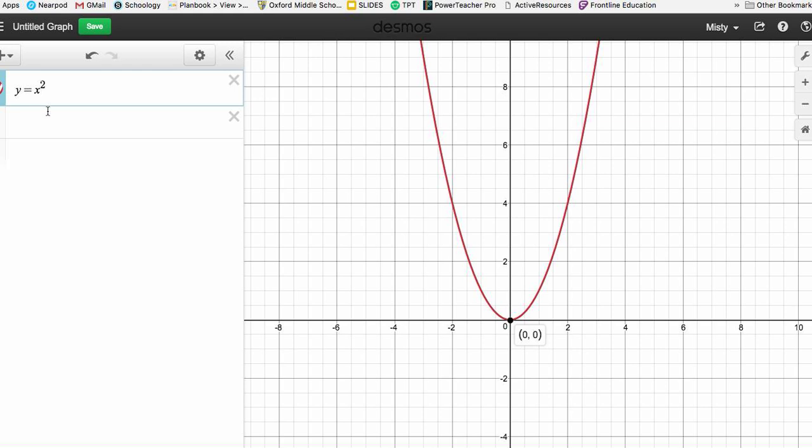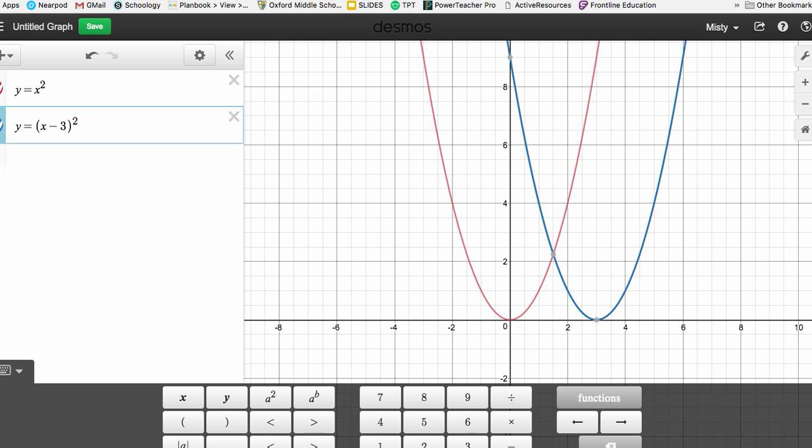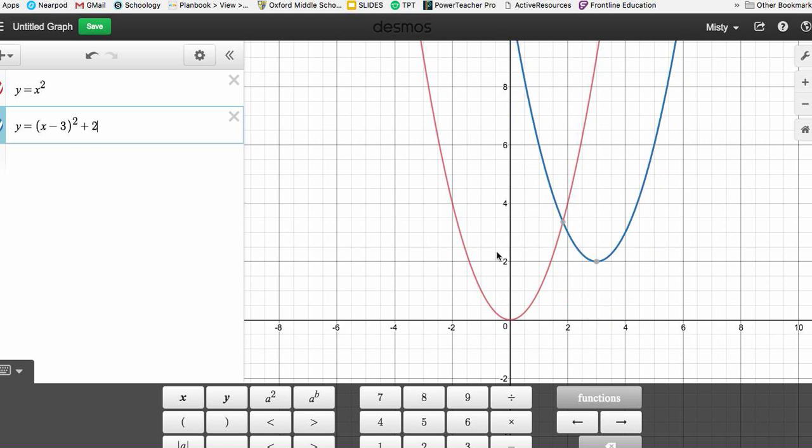So if I pose to you a vertex form, y equals x minus 3 squared plus 2. Okay, so this red one is our original and this blue one is our new one.